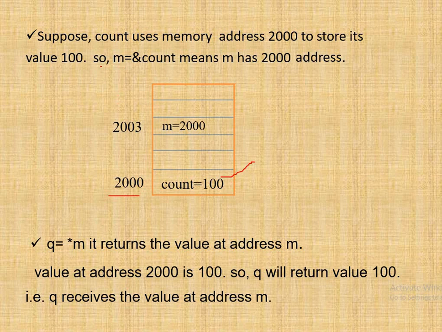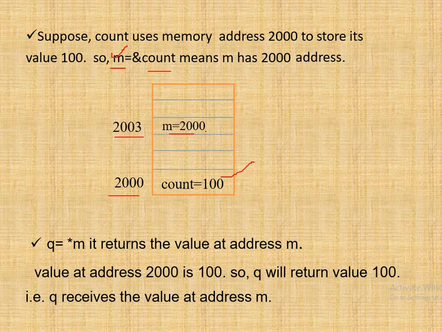And we have written m = &count. So what is m? m is a pointer variable. Any variable takes memory, and a pointer also takes memory to store the address. So suppose m is stored at the 2003 location.